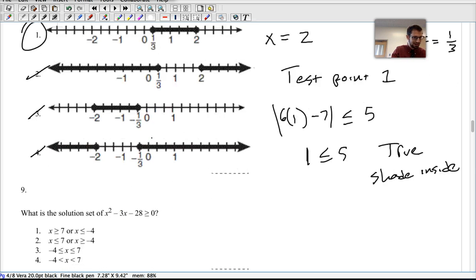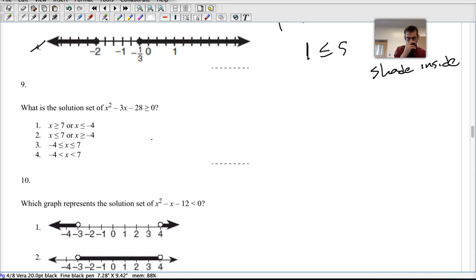Alright, number 9. So this one I've got to go ahead and factor. So let's see, my B goes on the bottom, negative 3, my A times C, negative 28, goes on top. So I need to figure out something that adds to negative 3, multiplies to negative 28.